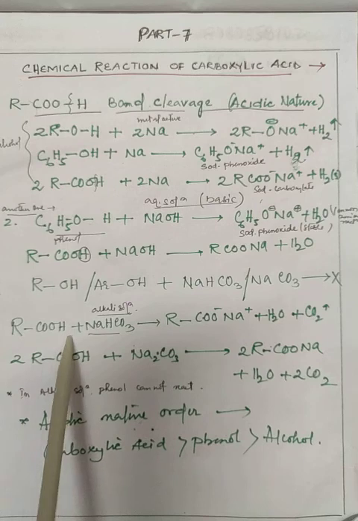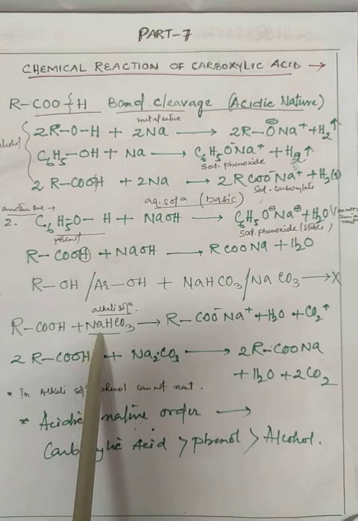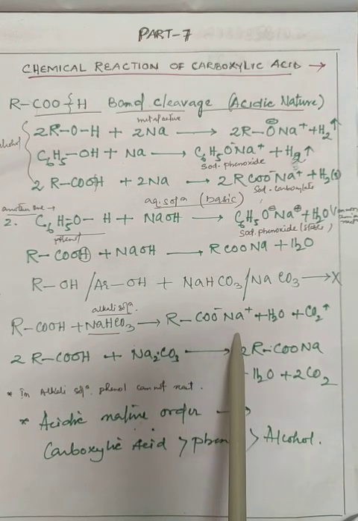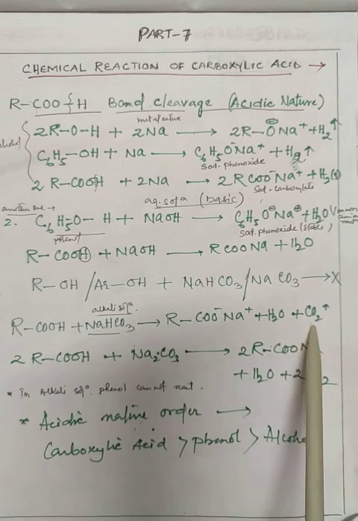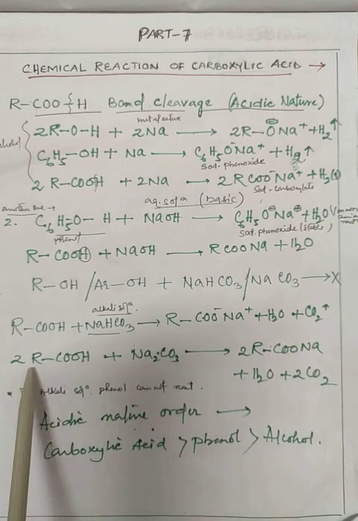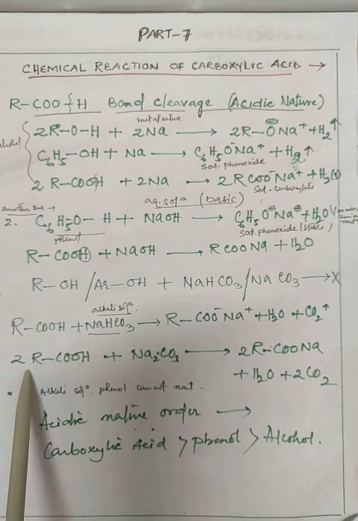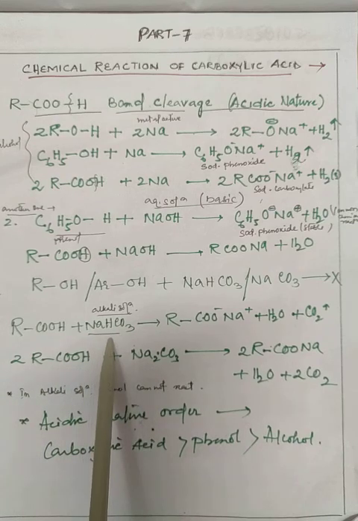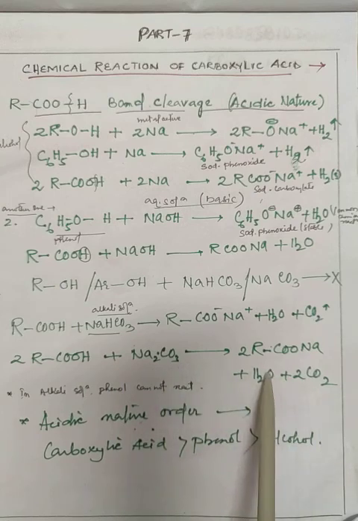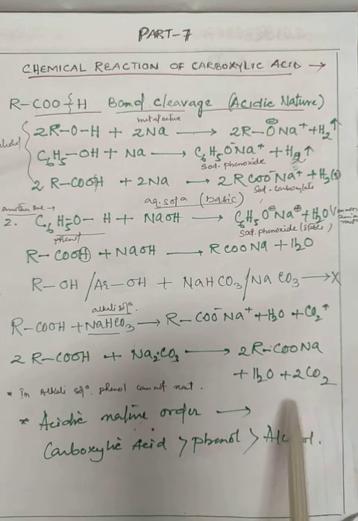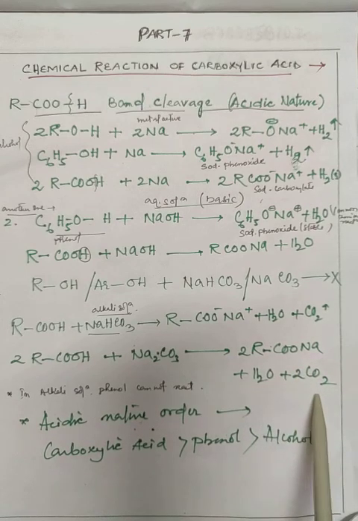Now this one is a carboxylic acid. These carboxylic acids react with alkali solutions like sodium bicarbonate, and we get sodium carboxylate along with water, and carbon dioxide gas is formed. With sodium carbonate we also get sodium carboxylate, water and carbon dioxide, here 2 carbon dioxide.